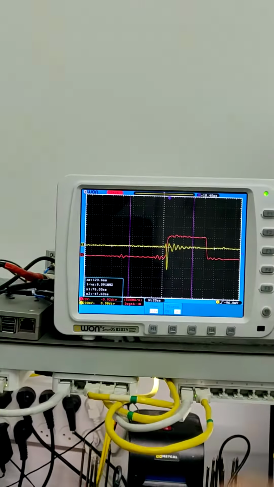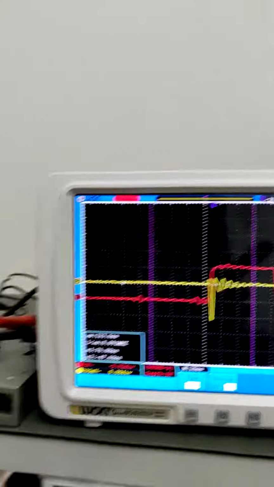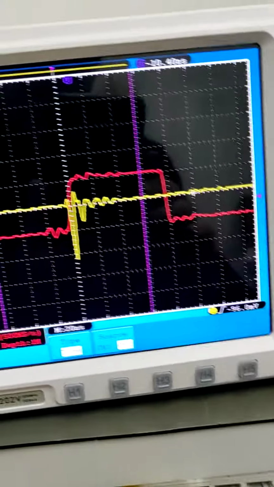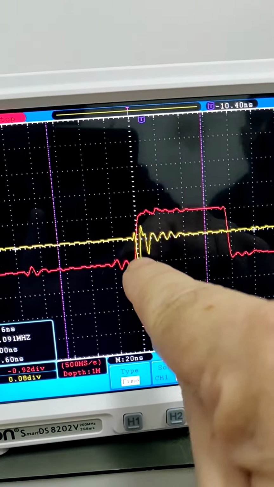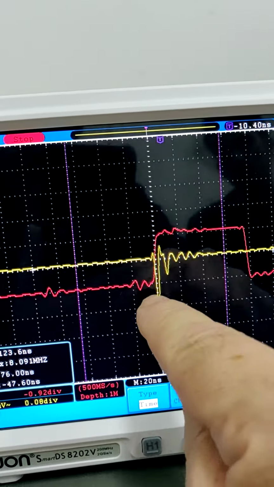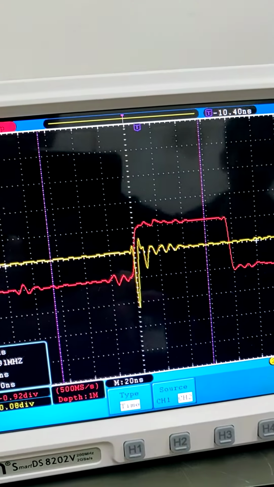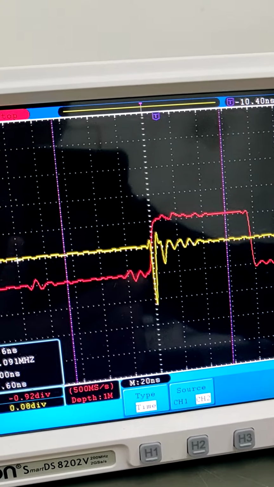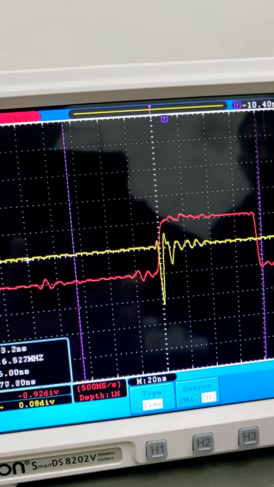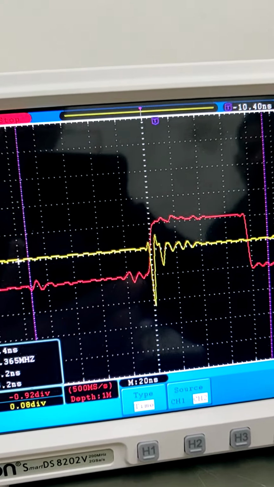We will freeze it again, and you see that again these two pulses coincide here, and you see that the trigger is more to the right.